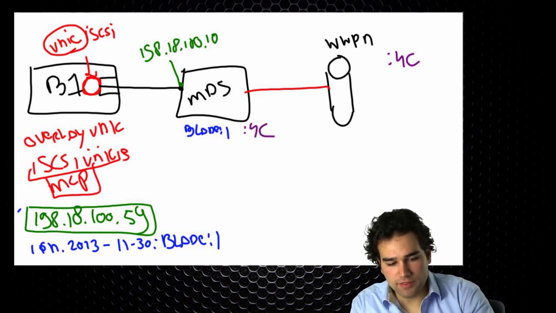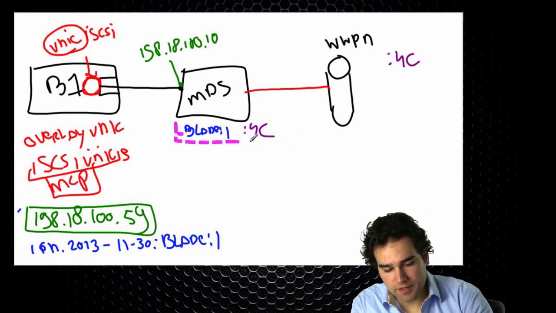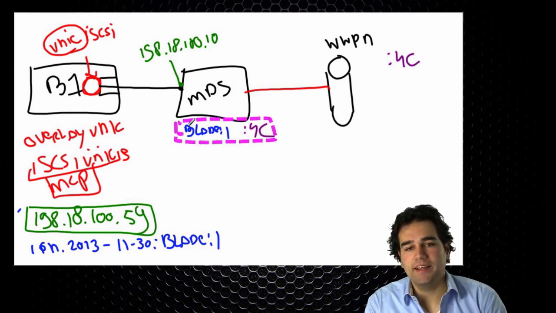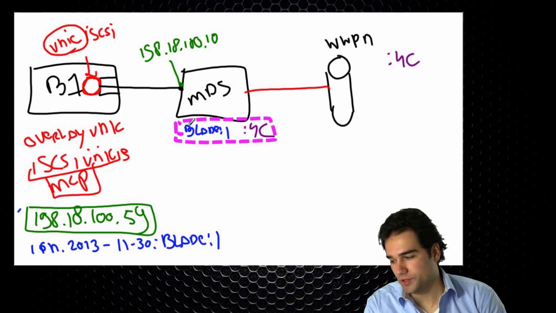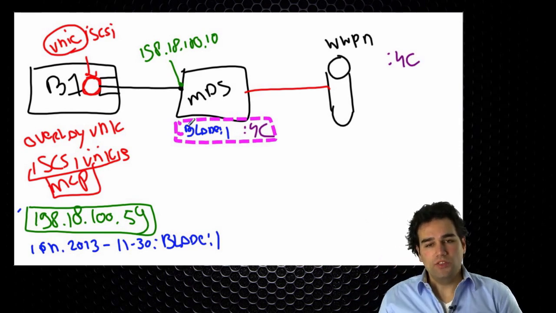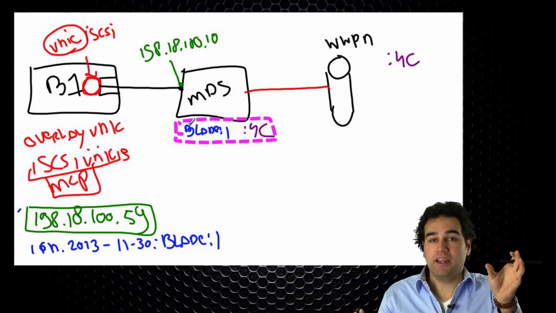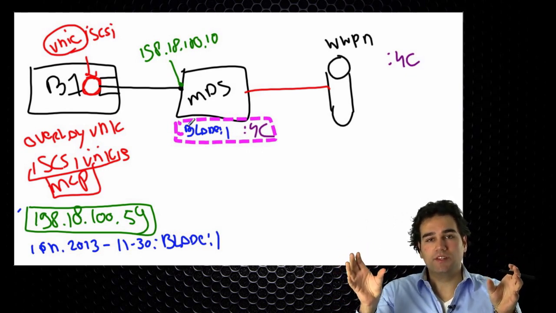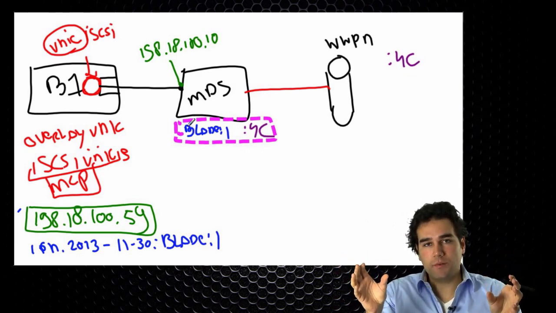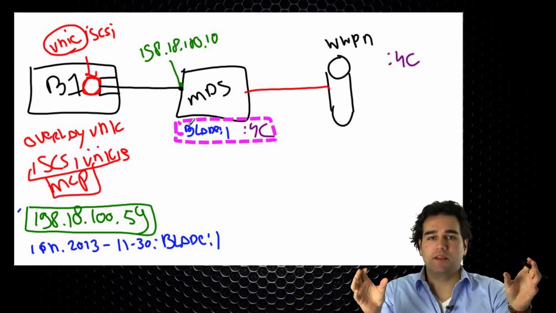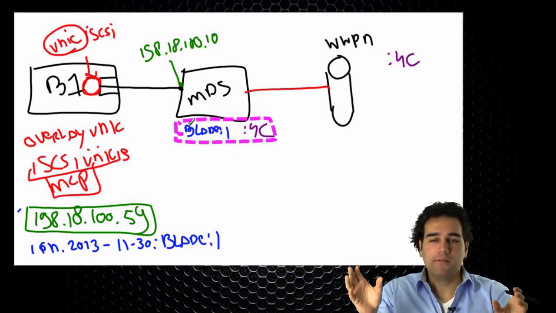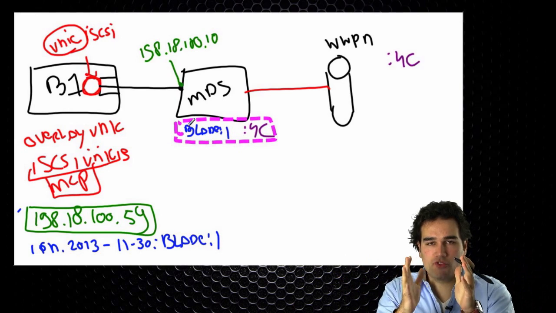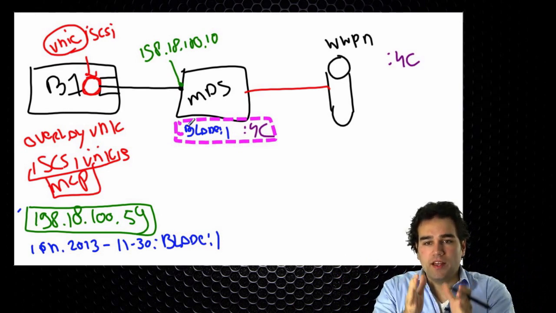I'm going to say blade 1 connects to the disk that ends with 4C. But these two guys cannot talk to each other because the iSCSI packet is not understood by the Fiber Channel disk. The Fiber Channel disk expects Fiber Channel packets, the iSCSI server expects iSCSI packets. So we have to have some kind of a translator in between, and that is our MDS.